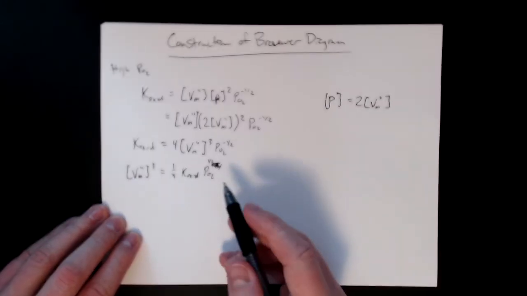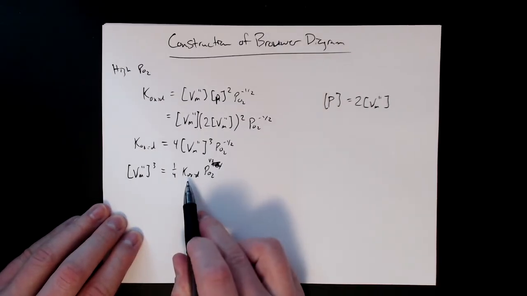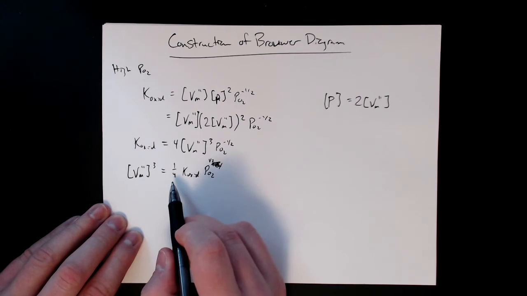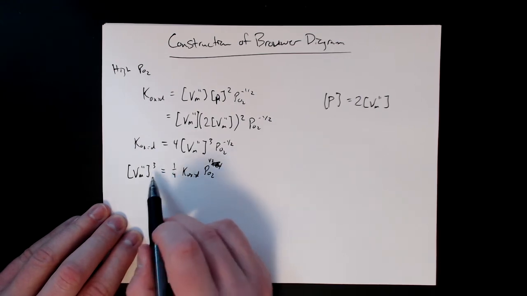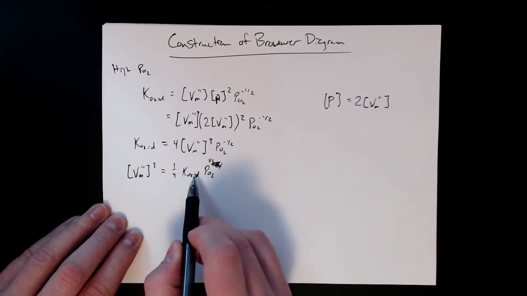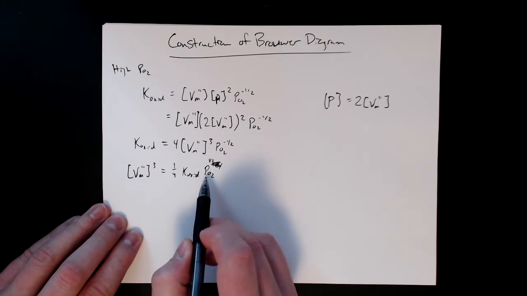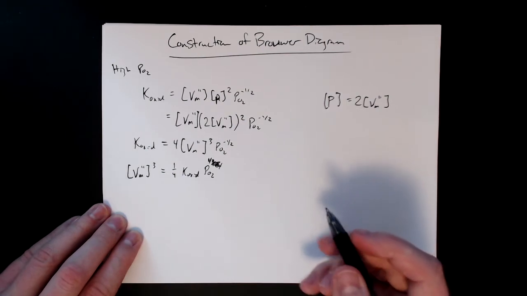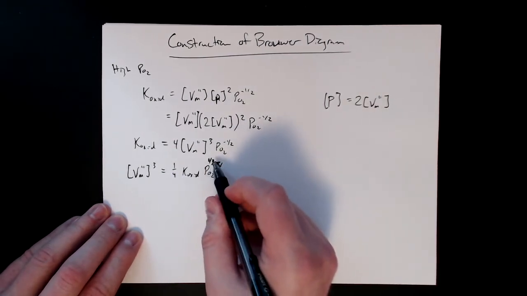Sorry, I skipped a step here. Let me solve for this 1/2 O2, and then this was, yes, 1/2. I just wanted to make sure I had everything correct there. So this is PO2 to the 1/2.